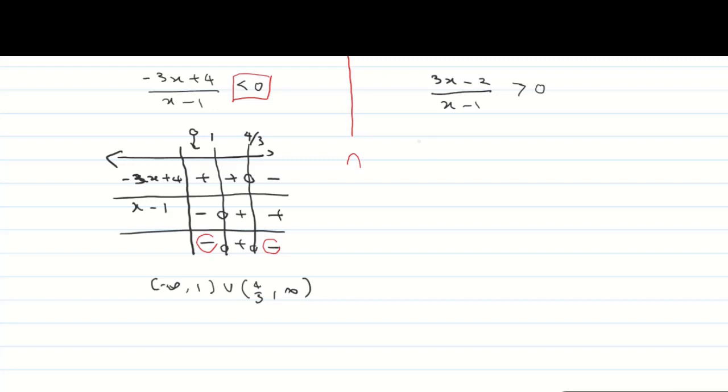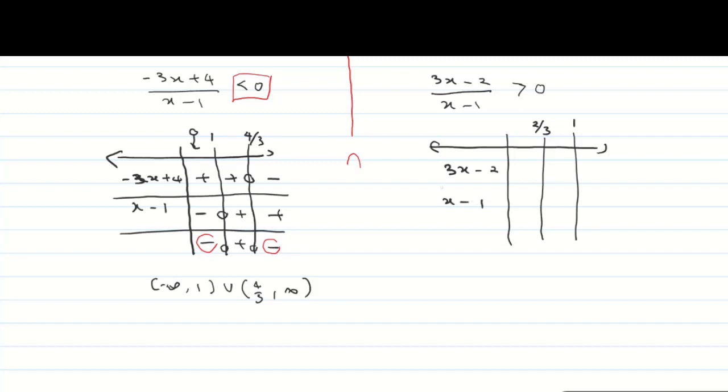Okay, for the second rational inequality, the zeros are 2 over 3 and 1. So 2 over 3 is here, 1 is here. List down all the expression in the numerator and in the denominator. Okay, 3x minus 2. 2 over 3 will make it 0. So, let's say I choose 0 here to test the value.